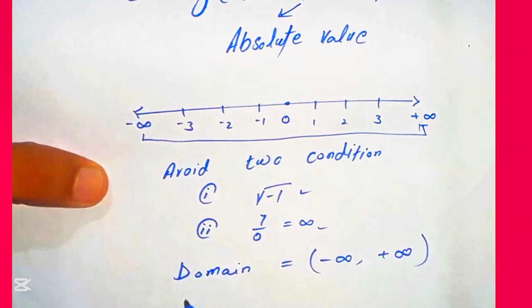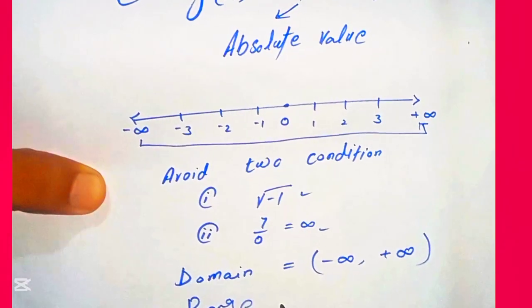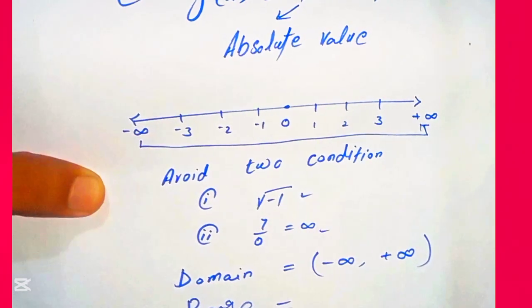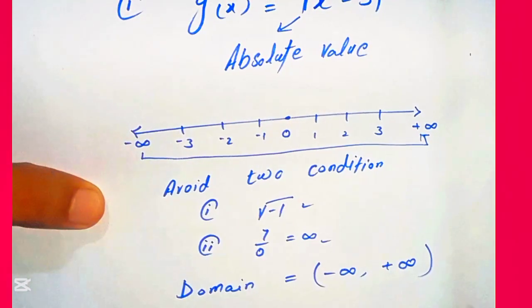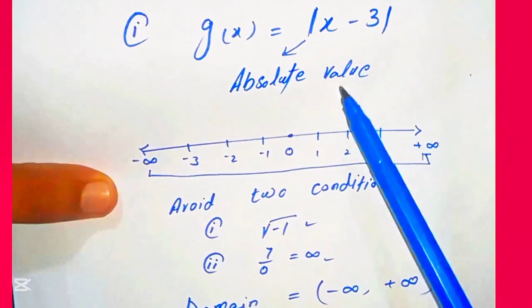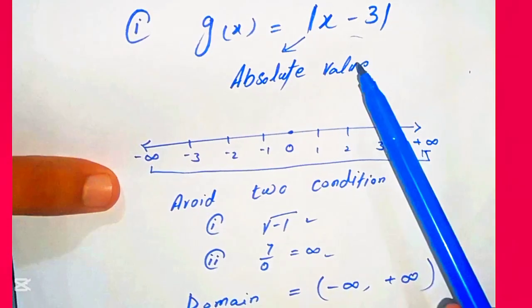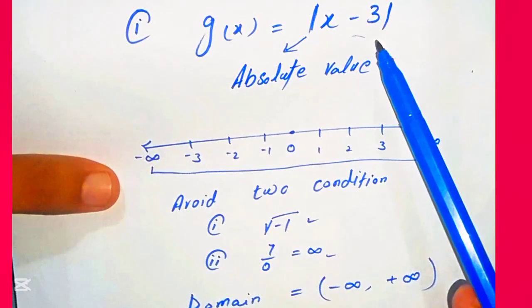Now for the range, we know that when we put in every value of x, our answer cannot be negative due to this function.